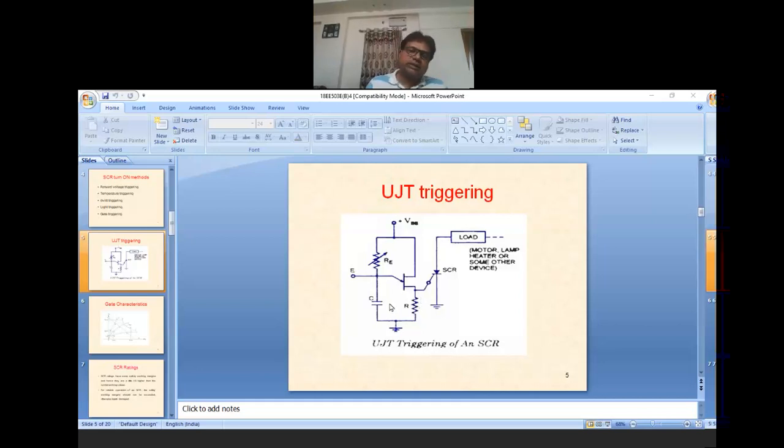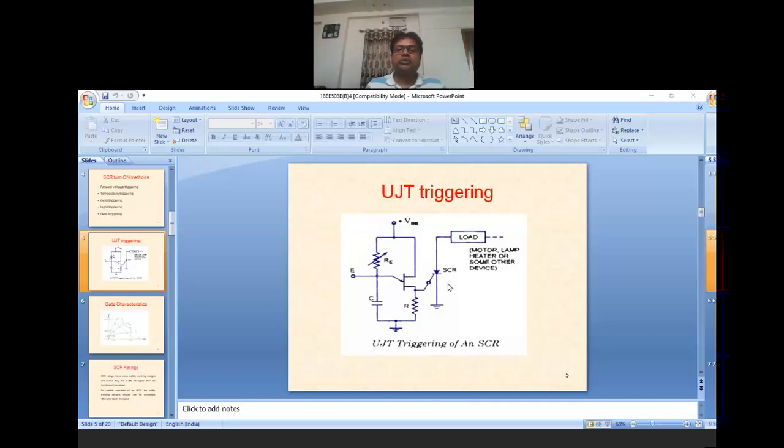So by adjusting the value of this resistance, you can adjust the time taken by this capacitor to build to the voltage required to bias this UJT. Depending on the switching frequency of this SCR, we can tune and design the values of this resistance and capacitor to turn on this UJT and eventually to turn on the SCR via this gate.